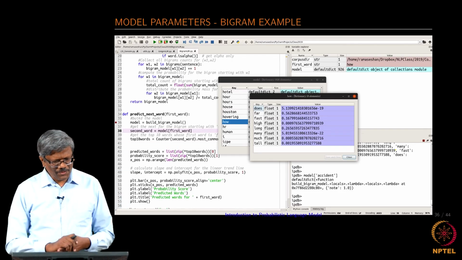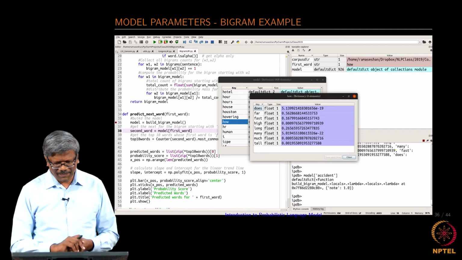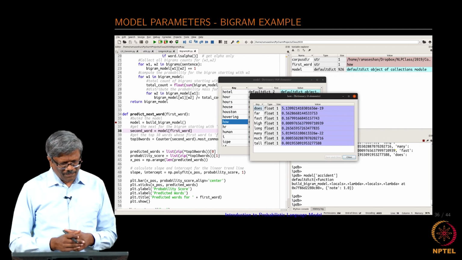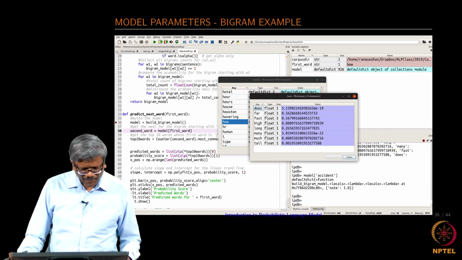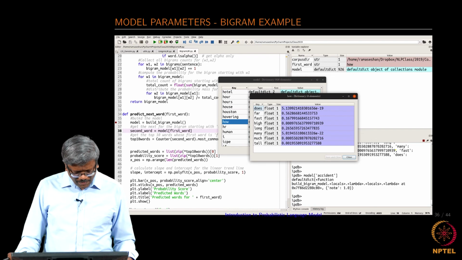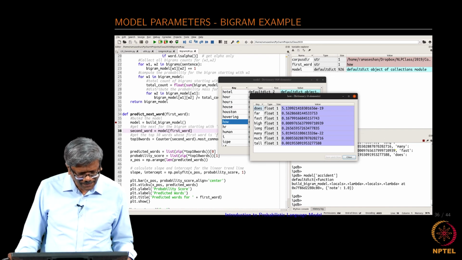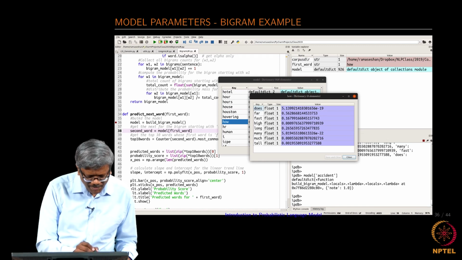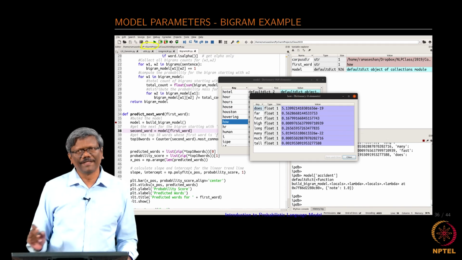So, let me show you how it really works. In this case, I am using, I don't know which one I am using. I am using Spyder here. I am sorry, I am using PyCharm as my IDE.